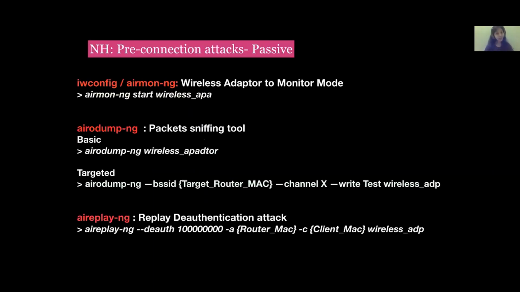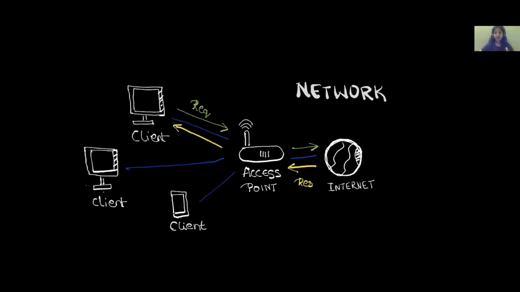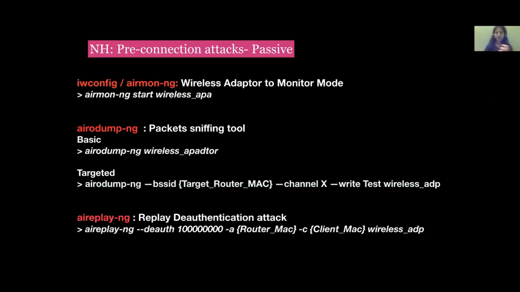So in network hacking, there are pre-connection network attacks, which are the passive type. Like I said, if I have to be a rogue attacker, even before I'm connected to this particular network, the attacks that I'll be carrying out are the pre-connection attacks.